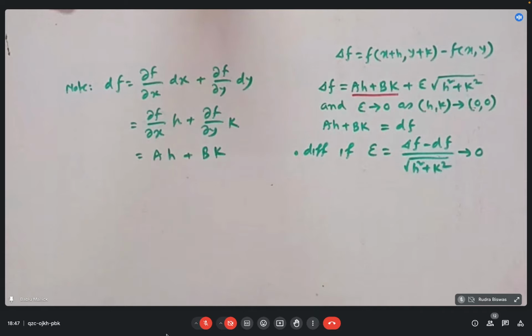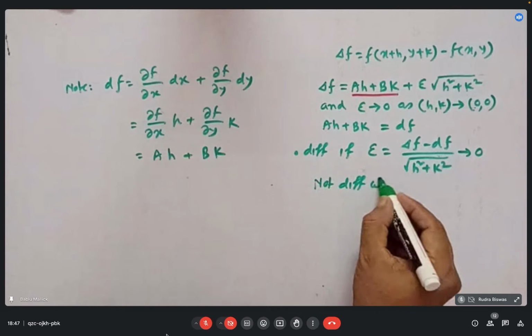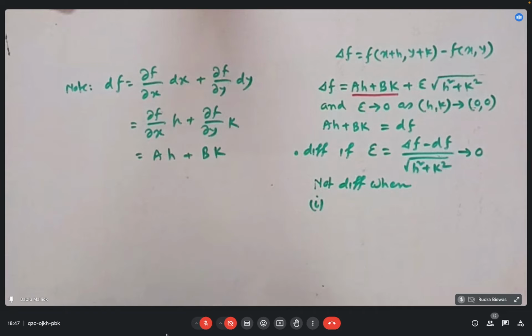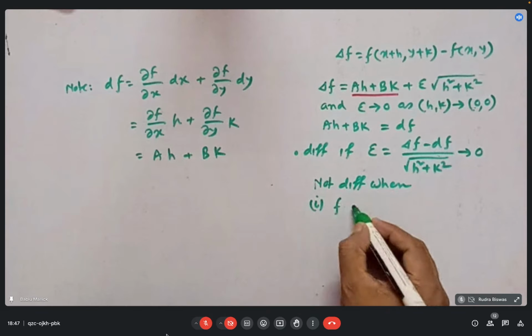So when a function is not differentiable, I shall write this note. Therefore a function is not differentiable, and this is very important, number one, when f is not continuous.